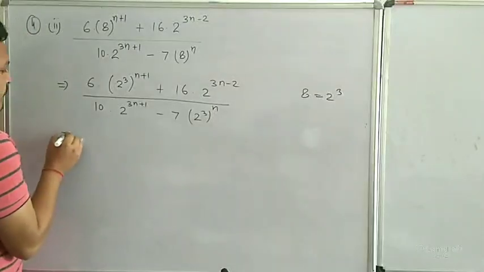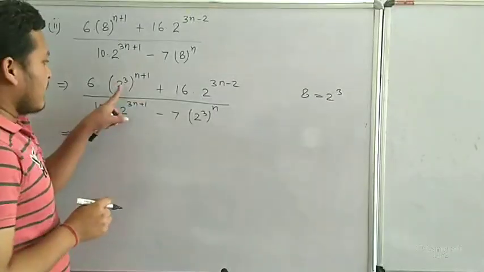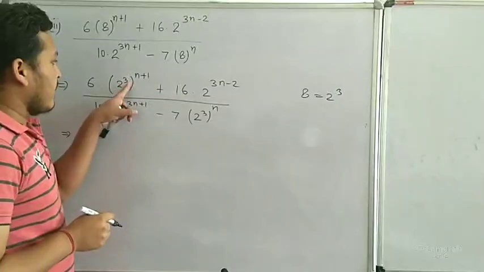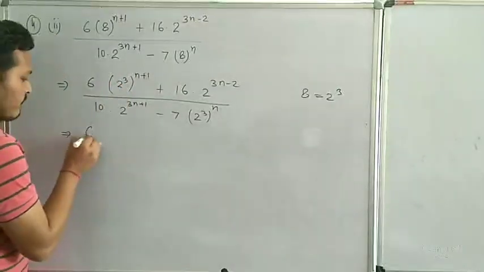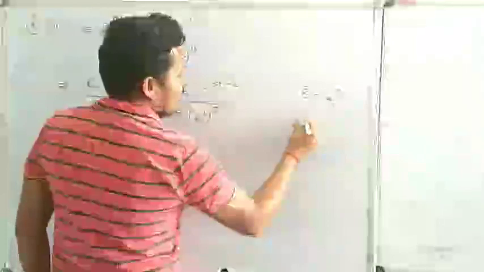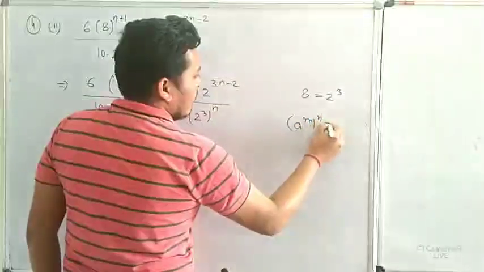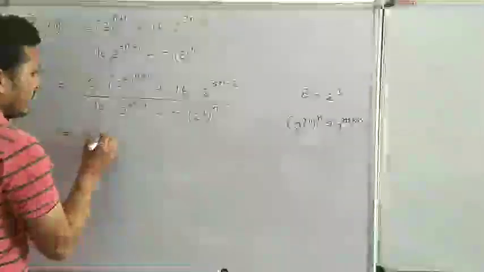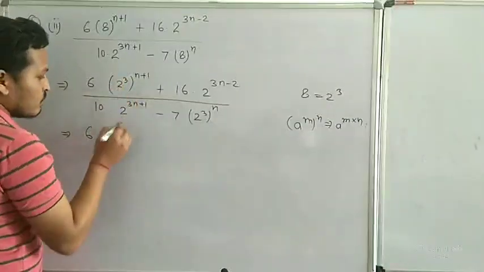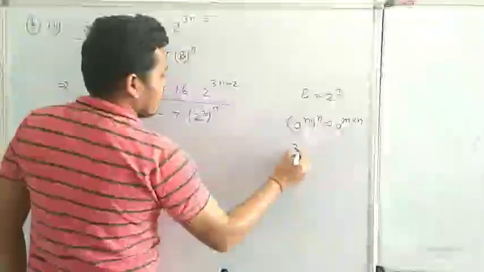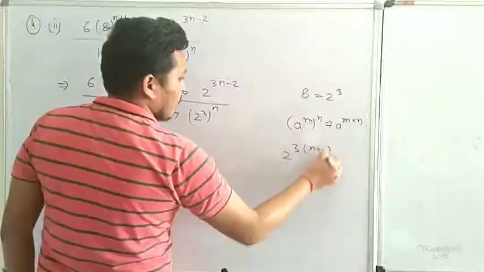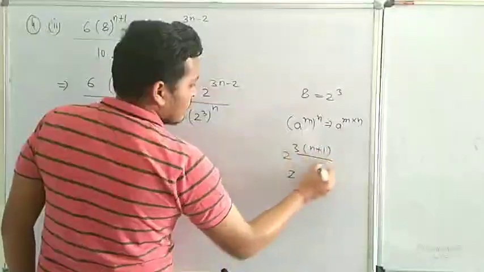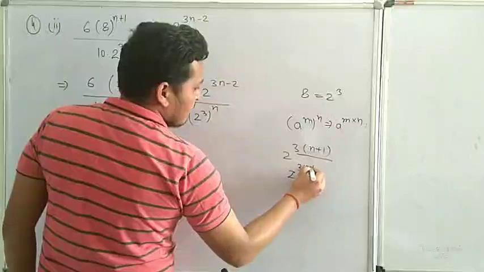Next, we can apply here the rule: a to the power m and whole to the power n is a to the power m multiplied by n. So then we can write 2 to the power 3 multiplied by n plus 1. When we multiply this 3 with the whole bracket, it becomes 3n plus 3.